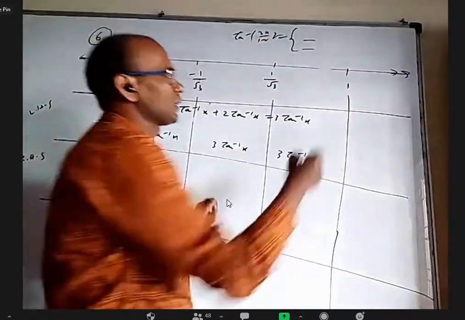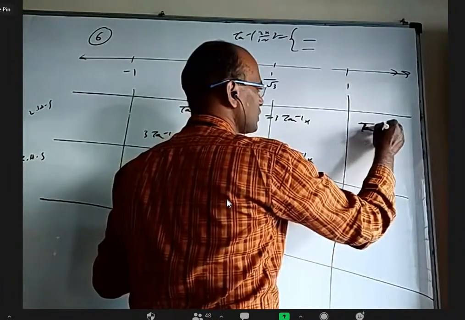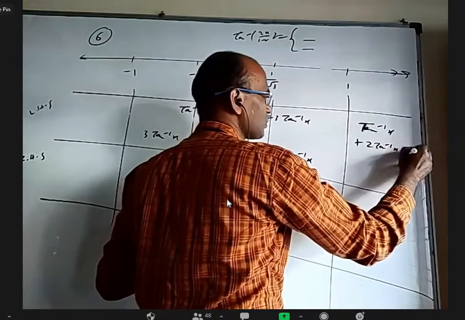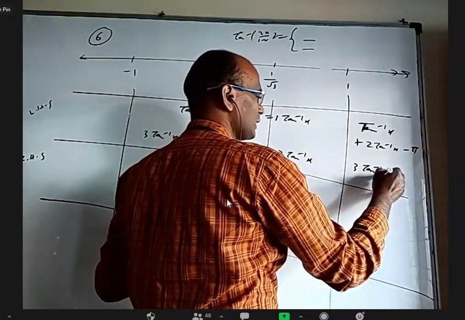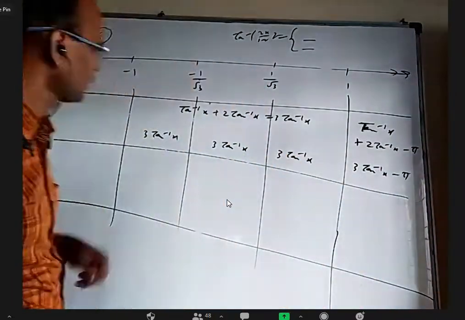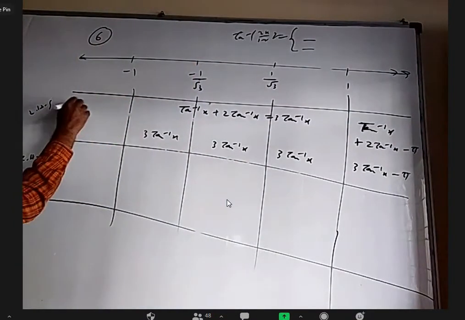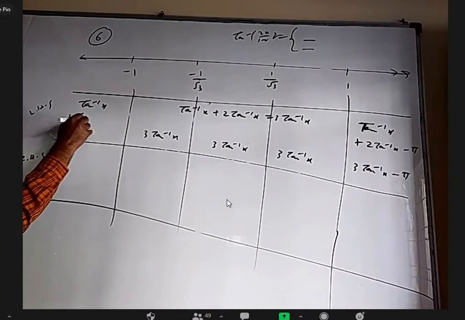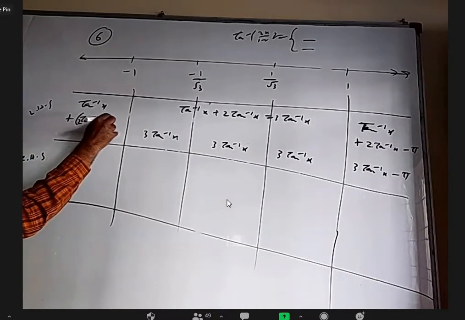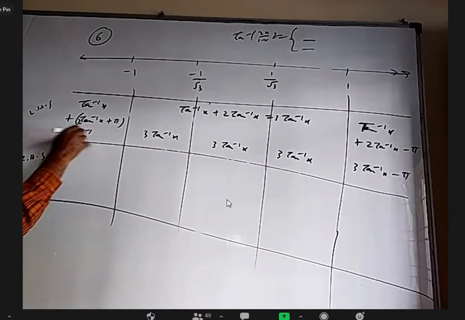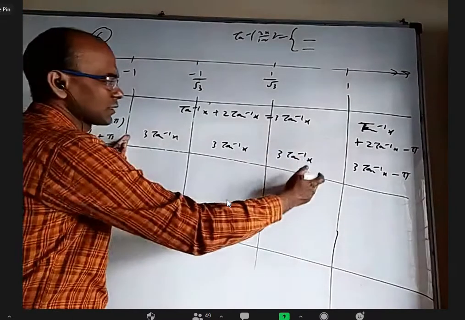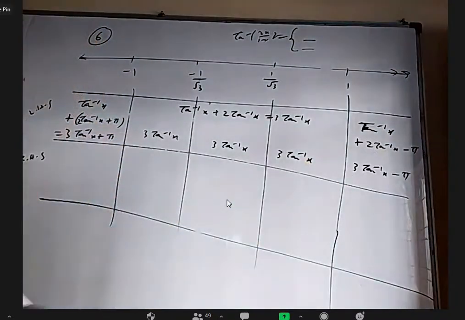So here it will be tan inverse x, but tan inverse 2x by 1 minus x square will be 2 tan inverse x minus pi, which will be 3 tan inverse x minus pi. When you take before -1, tan inverse x is tan inverse x only, but tan inverse 2x by 1 minus x square formula is 2 tan inverse x plus pi. So it will become 3 tan inverse x plus pi. So LHS between -1 to 1 it is this, after 1 it is this, before -1 it is this, at 1 and -1 it is not defined.